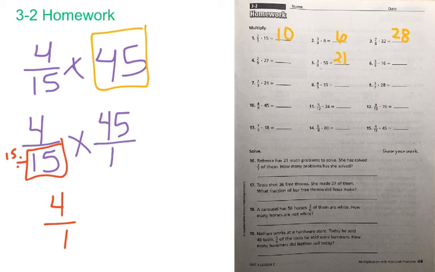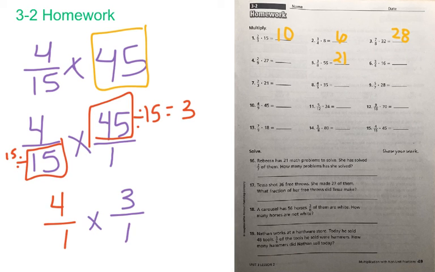If I take my 45 here and I divide it by 15, it's equal to 3, because 15 times 3 is equal to 45. So my new fraction here is 3 over 1. So I have 4 times 3 is equal to 12, and 1 times 1 is equal to 1. 12 over 1 is equal to 12. And so number 15, your answer here, is 12.